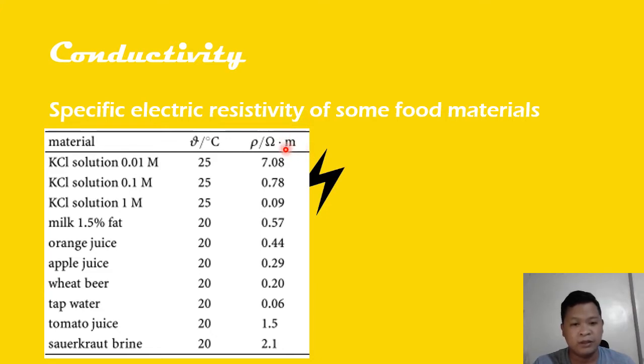So we would want foods with lower resistivity if we want to conduct more electricity into the system. As you can see, the lowest resistivity belongs to tap water, okay, and the highest being sauerkraut brine.